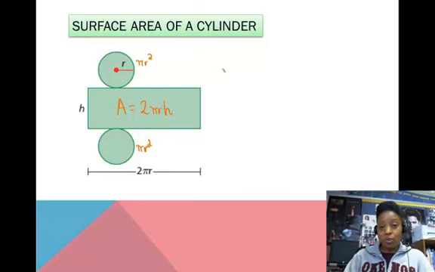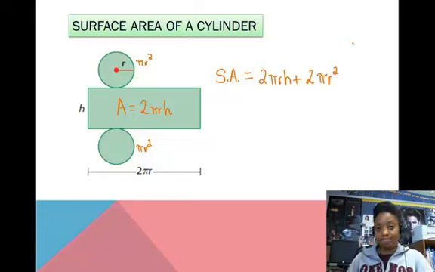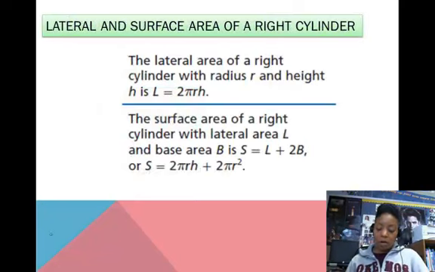So if you want to know the full surface area of any cylinder, it is just 2 pi r h plus 2 pi r squared. And that's it for surface area of a cylinder. Okay, so here's just a quick synopsis. The lateral area of a cylinder is 2 pi r h, and the surface area of a cylinder is the lateral area plus the area of the two bases, which is 2 pi r h plus 2 pi r squared. Just a little summary.